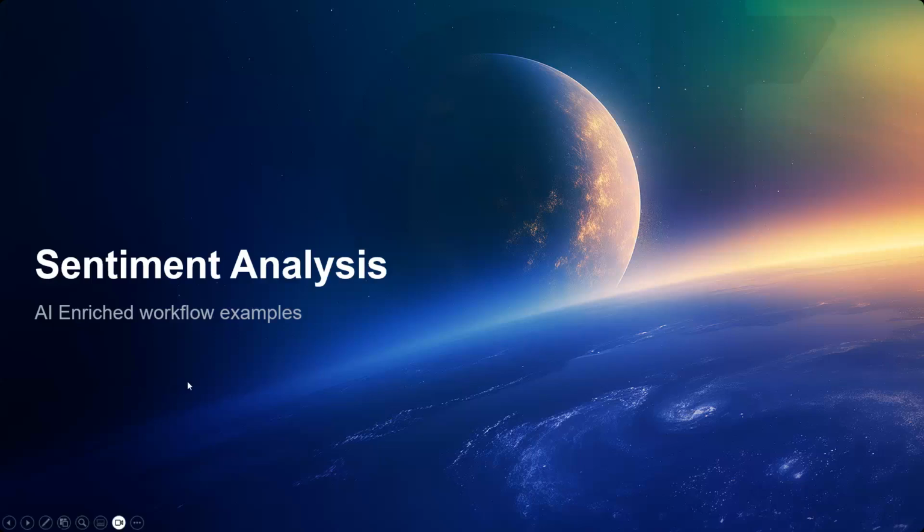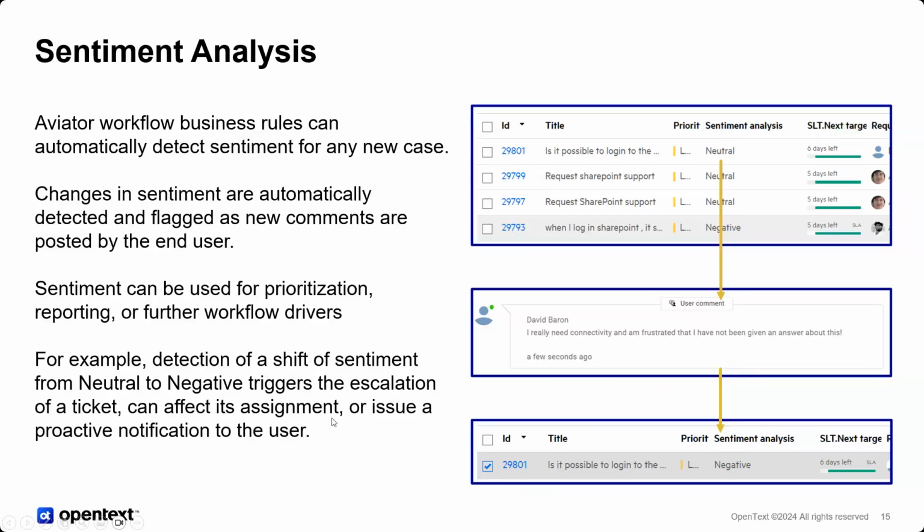In this first example, we've got a couple of stages to go through. The first thing is we're going to use Aviator workflow business rules to detect the sentiment on a case. Anytime someone posts an update on a request, we identify whether their message is neutral, positive, or a negative statement.